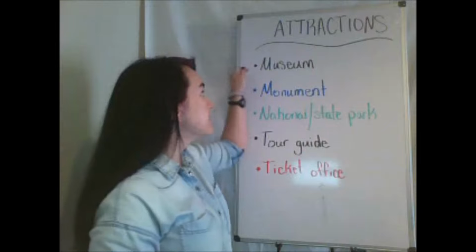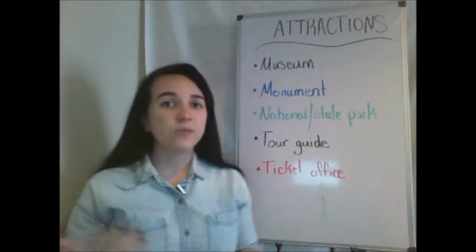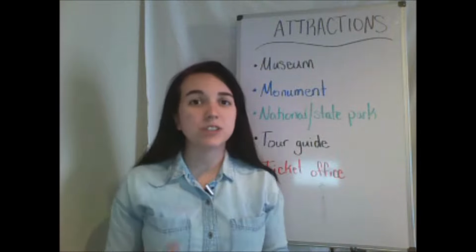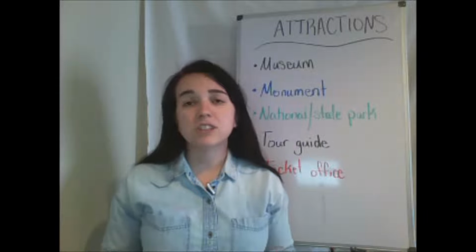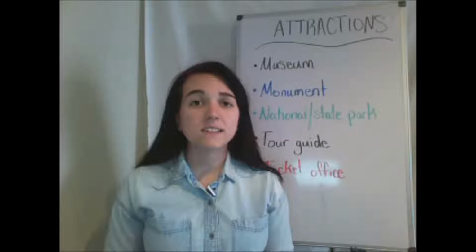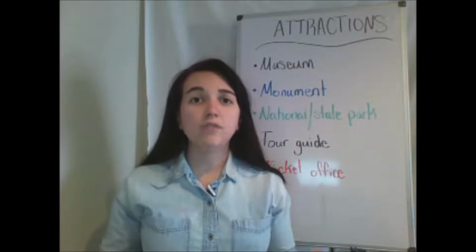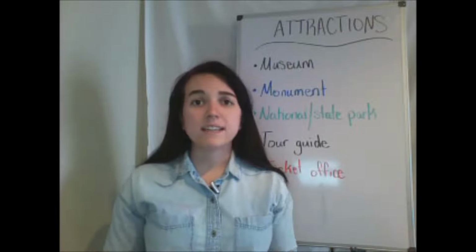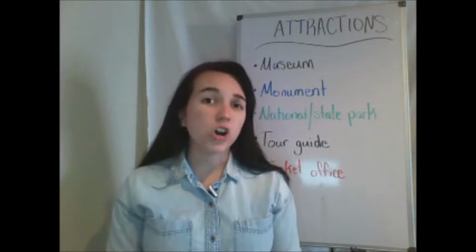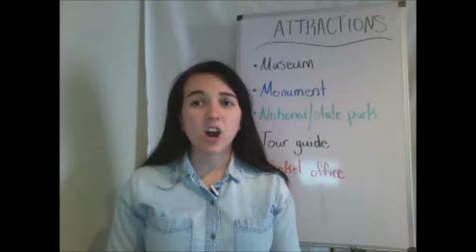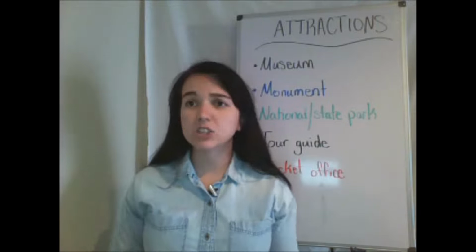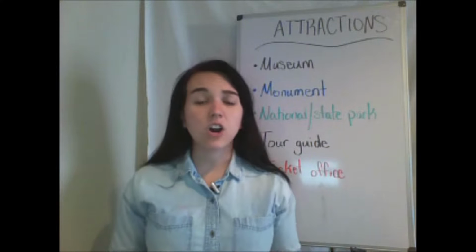Our first one is a museum. Now, these are really popular, especially when you're traveling to another country. A museum is just a building that has some sort of artifact in it, pieces of art or history or other things that are important to that country, that city, that culture.